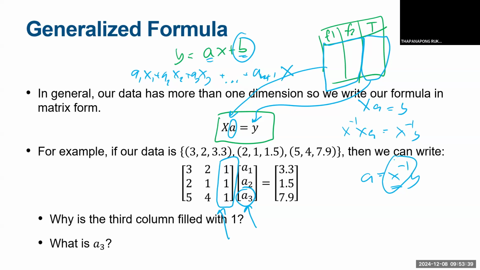To be able to find the inverse, what is it? You should remember from the inverse, basically, there are two conditions. The first condition is the matrix has to be square. The second condition is the rank cannot be zero. Basically, the determinant of the matrix cannot be zero.